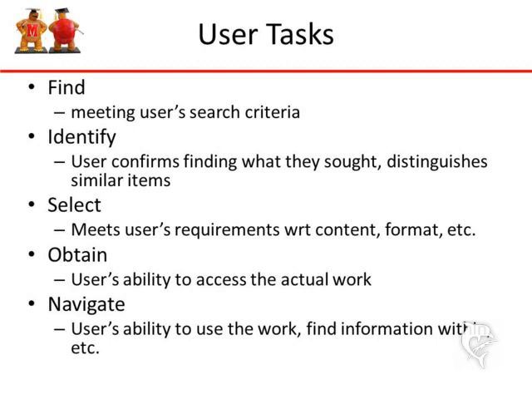Another user task is to select items that meet their requirements, to obtain those items, and then to navigate those items. So the people who came up with the FRBR model asked, what are the things that a person needs to be able to do when they're interacting with bibliographic information in an information system? And they defined these as the main tasks that people need to be able to do in order to meet their information needs while interacting with bibliographic resources.